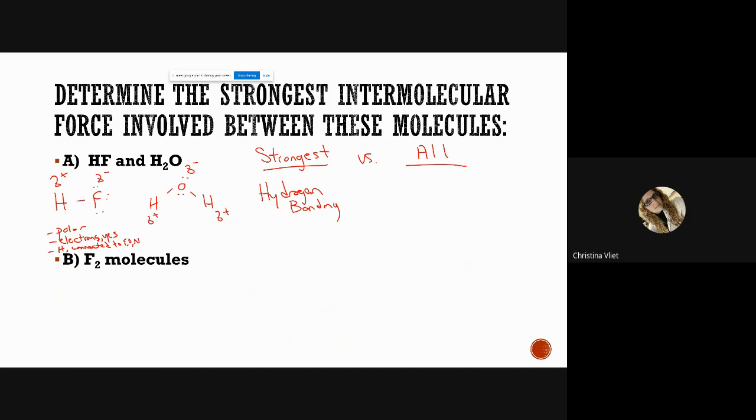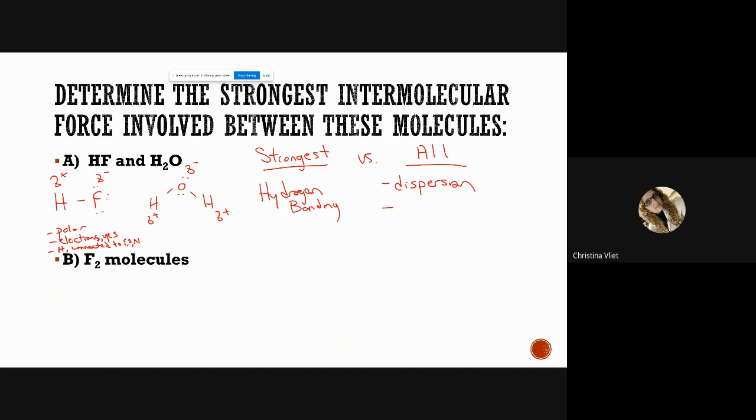But what are all the types of intermolecular forces that are present within the interaction between these two molecules? Is there dispersion forces, or what we would call ID? Yes. As long as they have electrons, the answer is yes. So dispersion, yes. Is there permanent dipole-dipole from them being polar?